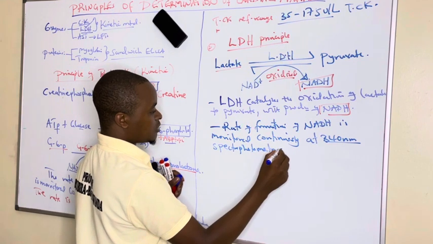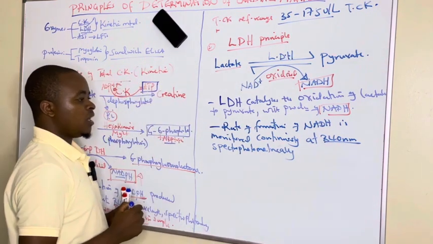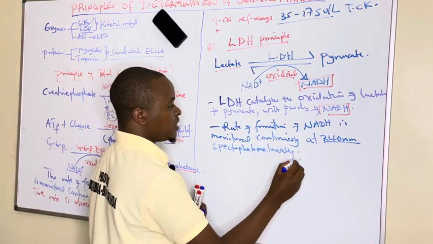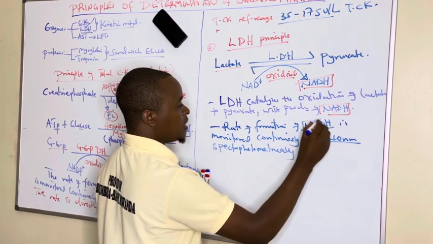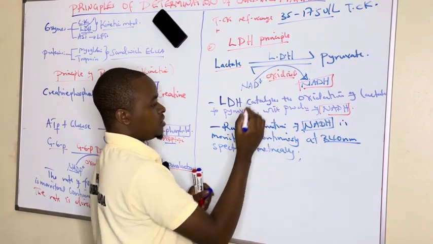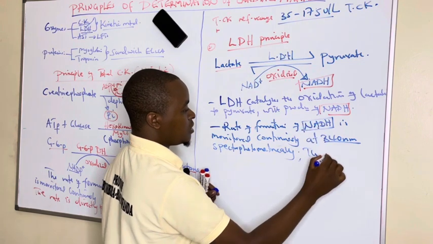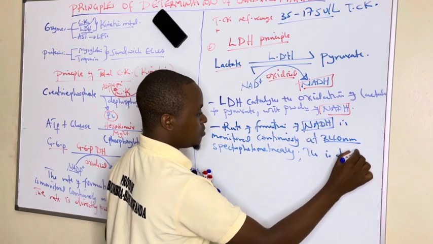We are using a spectrophotometer at 340 nanometers, and the more NADH we produce, the more LDH in the sample.